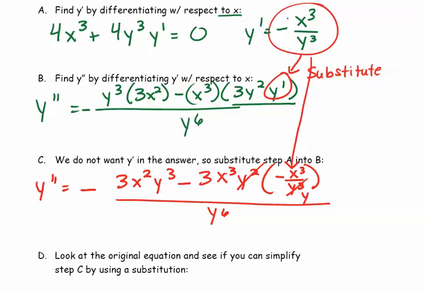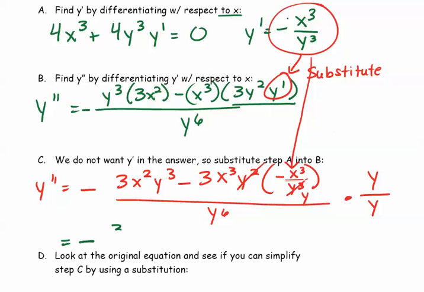And now always remove the complexity. So we've got a fraction inside the numerator. So if I multiply by y over y, that will clean this up a little bit. So let's see if I can squeeze in another step here. Maybe I'll use another color so it doesn't get too mixed up together.